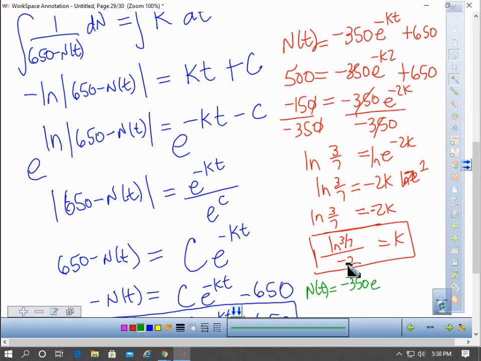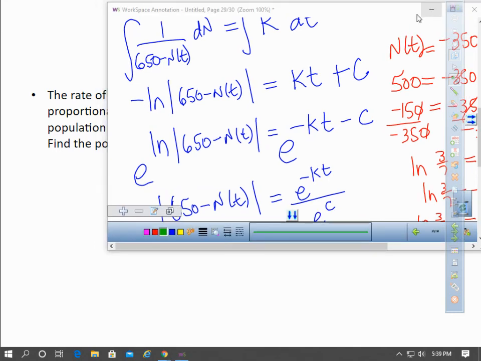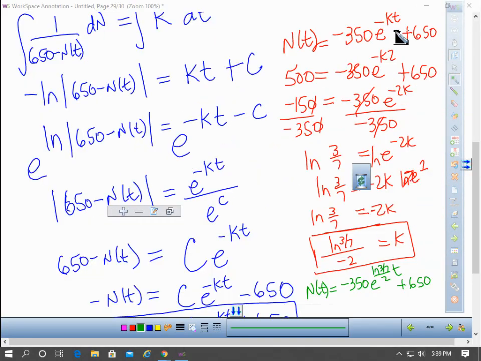That's going to make it a positive because that's the natural log of 3/7 divided by positive 2, because it's a negative k, times t plus 650. I'm just replacing k right here in that equation. So I'm replacing this fraction, which is a negative fraction, but when I put it up here, this is already a negative, so that's going to make it a positive.